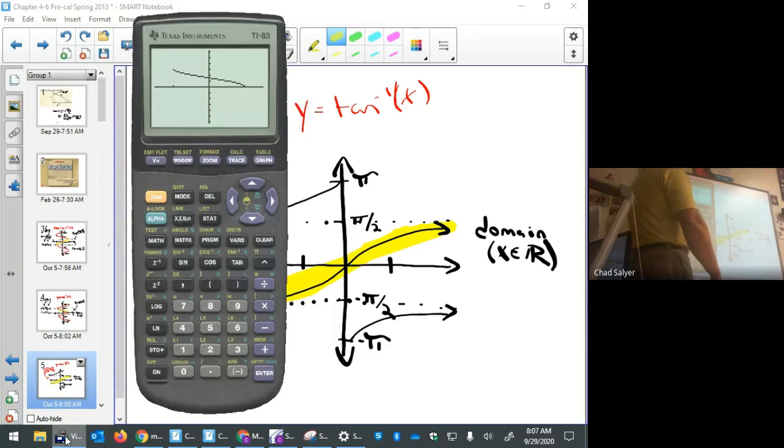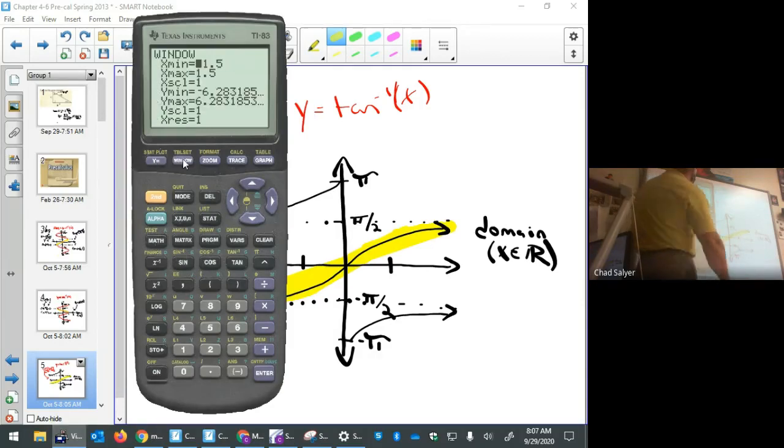And I can demonstrate that on a calculator. So I need a little bit more x, because this one again has no domain constraint, and we'll go from negative pi to pi.